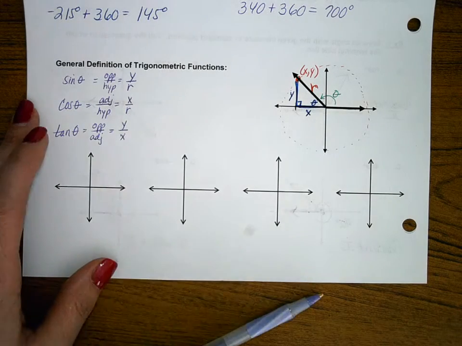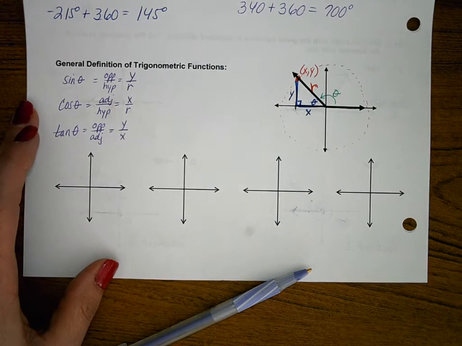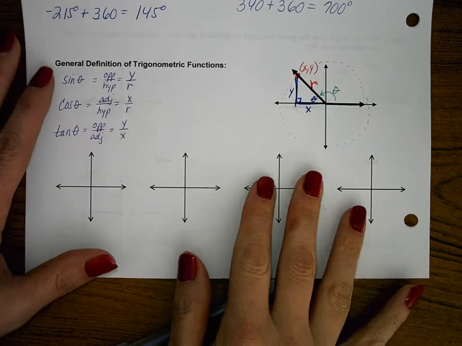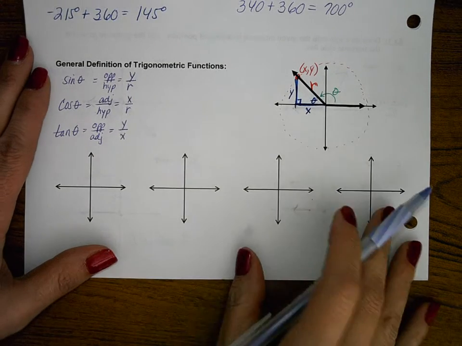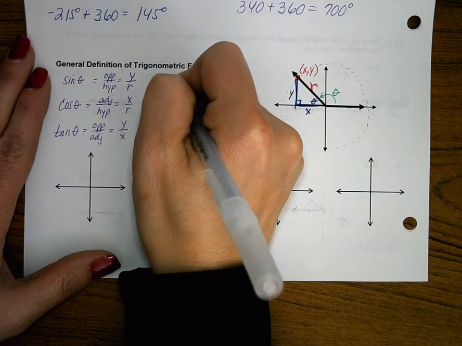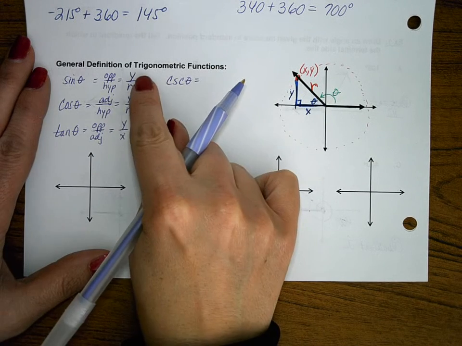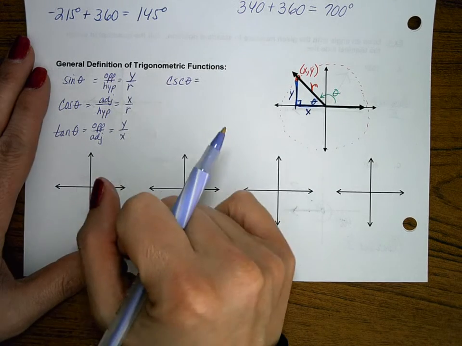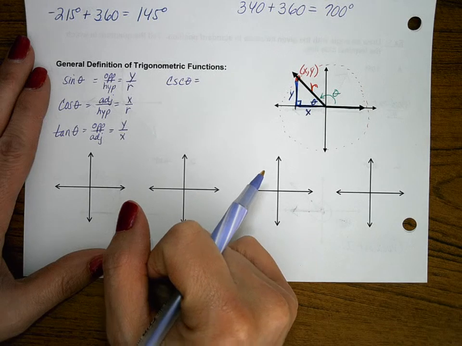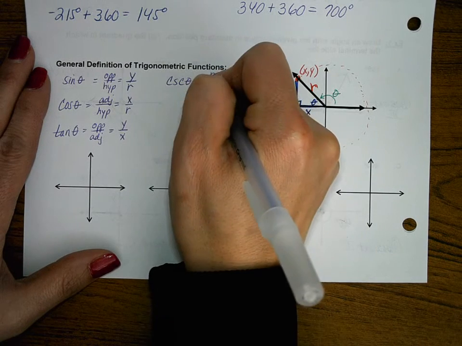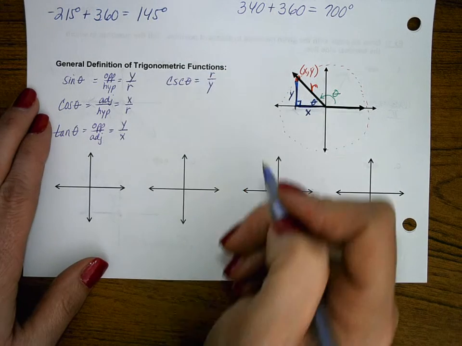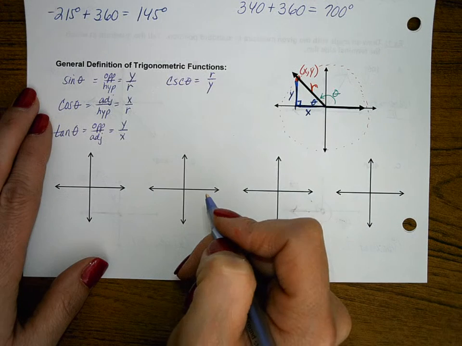All right, now, who are their buddies? Who's buddies with sine? Cosecant. All right, so cosecant of theta. Now, if sine ends up to be y over r, what is cosecant going to end up to be? R over y. All right, who's buddies with cosine? Secant.